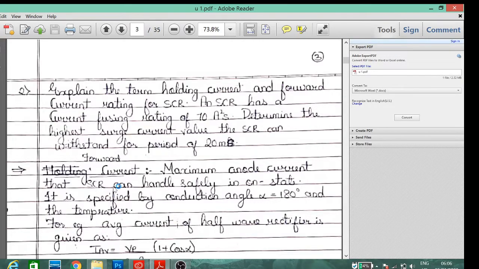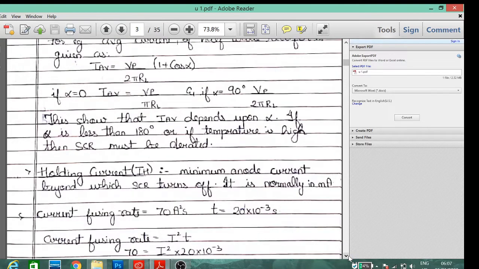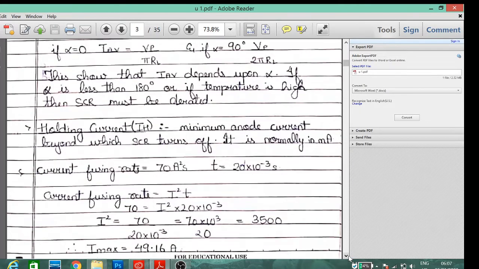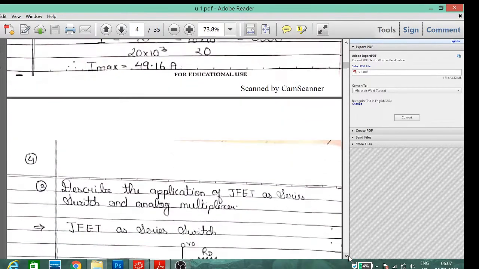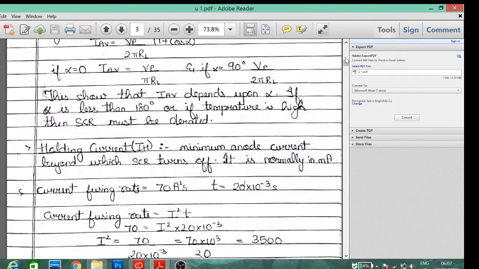It is specified by the conducting angle alpha and the temperature. Now, the second term is forward current. Sorry, something is wrong.